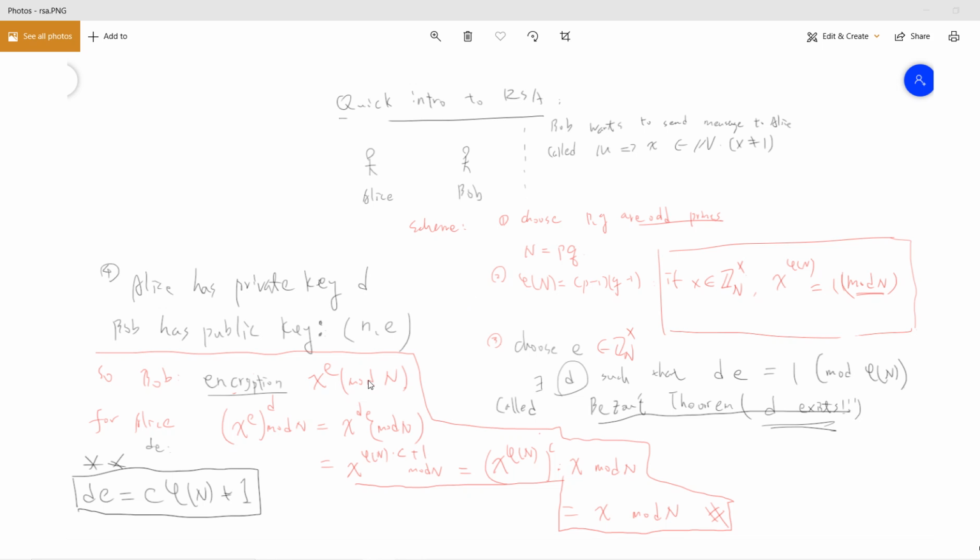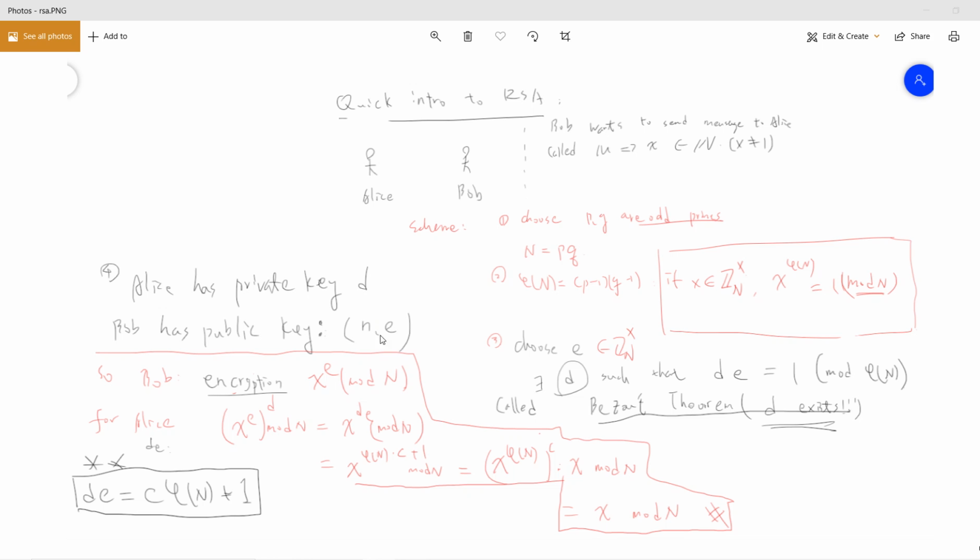But if someone wants to eavesdrop on the process and only knows n, then it's very difficult to get Alice's private key d. The reason is that that person does not know how to factor n, so that person cannot know the Euler phi function.